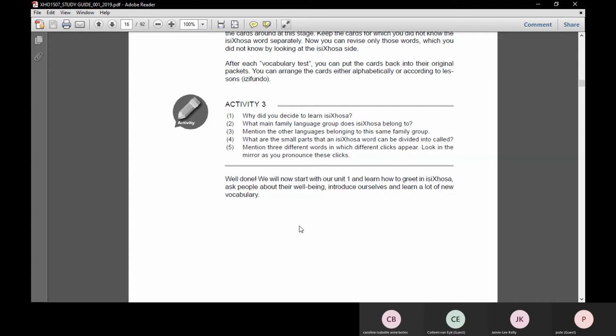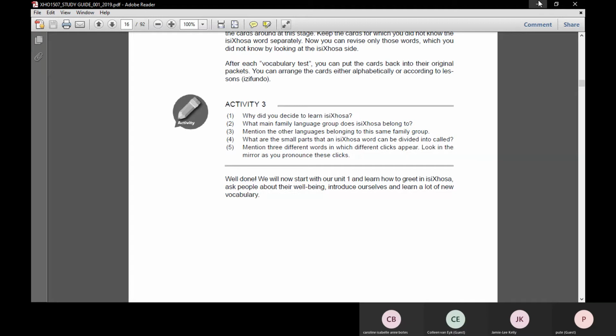What are those? Mgqibelo, yes. Mgqibelo has a Q. What other day has a click? Cawe. Cawe also has a click sound. It has a C.